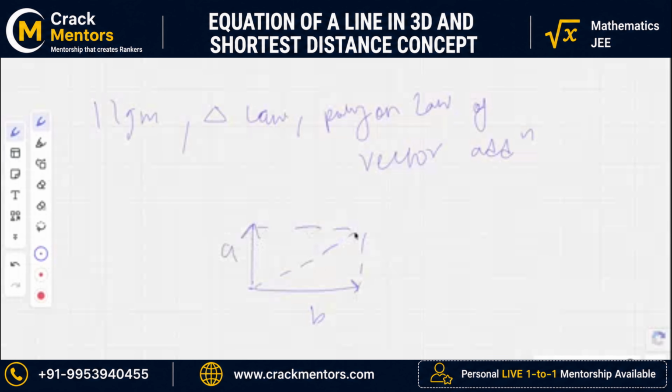Let's say this is one of the diagonals. So this would be a vector plus b vector. And this would be what? We can write it as b vector minus a vector.